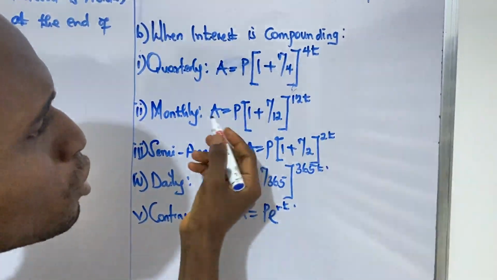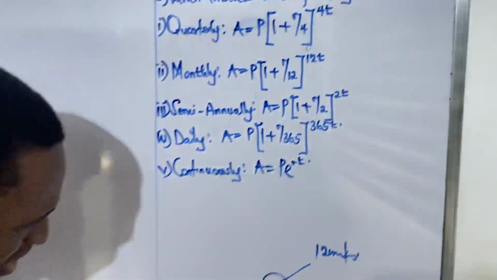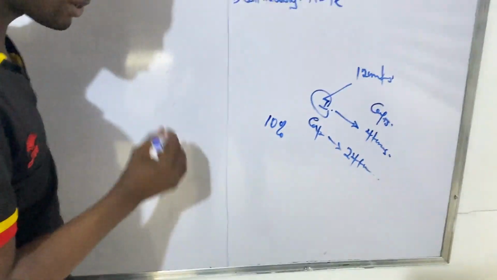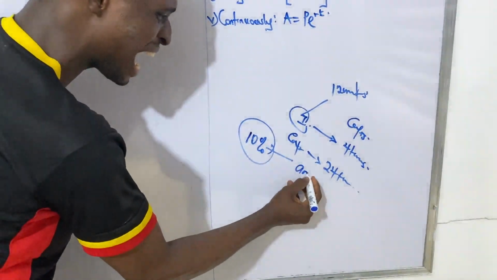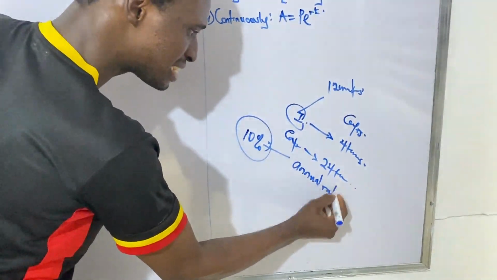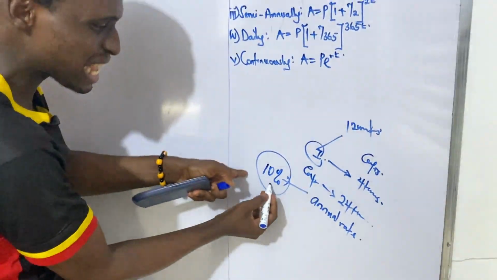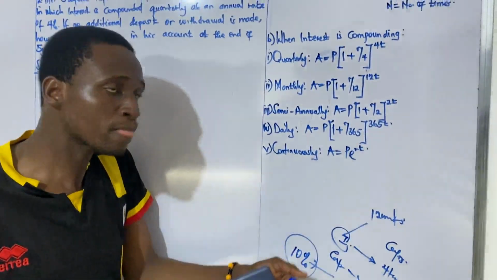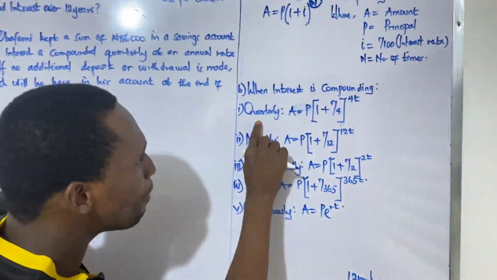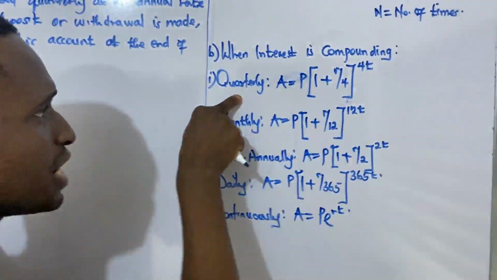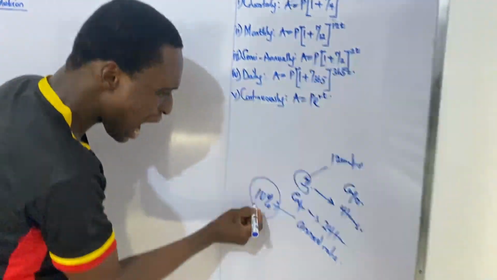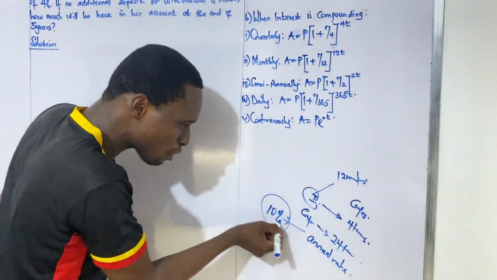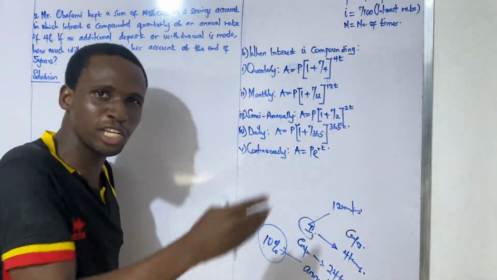4. Remember, if our interest rate is 10%, take note, this 10% will be given at an annual rate. Annual is 10% for the year. But if we are now compounding our interest on a quarterly basis, we have to know how many percent of this 10% will be for each quarter.